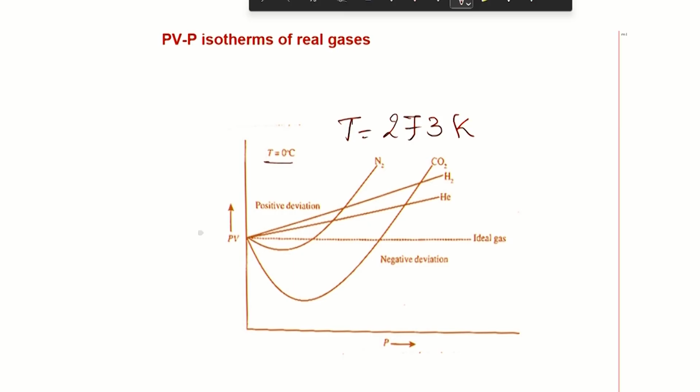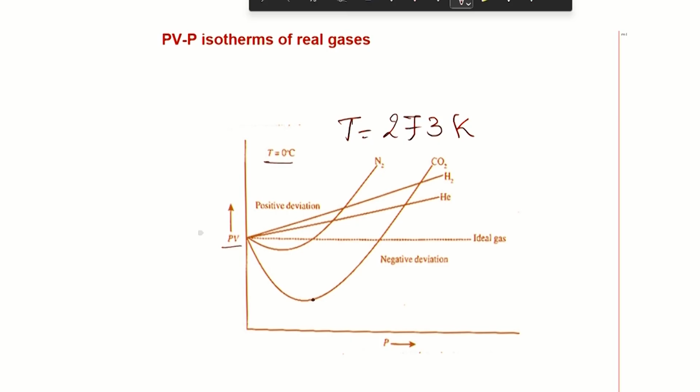You can see there are two types of graphs. One set keeps on increasing as pressure increases, that is the value of the product P into V, while for two other gases, nitrogen and carbon dioxide, you can see that it first decreases and then keeps on increasing.